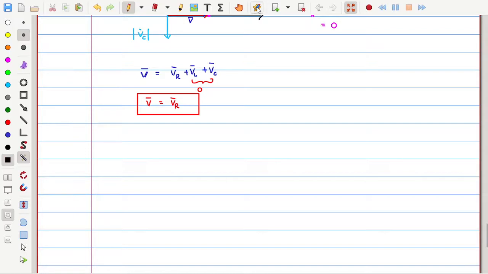Let us see some of the important points about resonance.